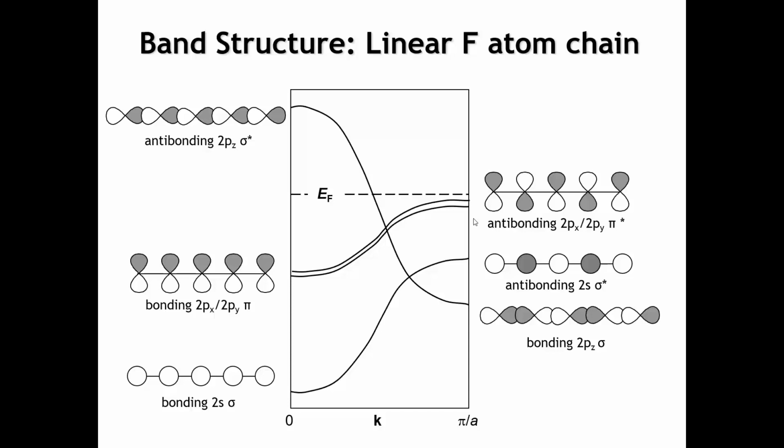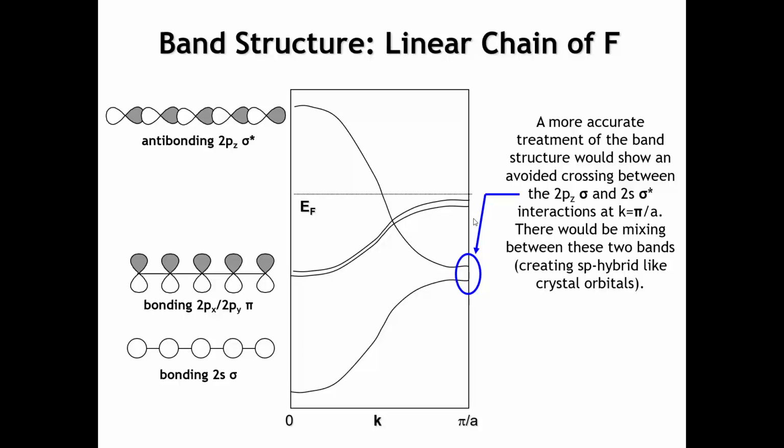Now there's one subtlety that I've kind of glossed over here. If you were to do the calculation a little bit more rigorously, what you would find is that there can be mixing between the sigma 2pz orbitals and the sigma 2s orbitals, and that mixing becomes important as the 2 bands approach each other at pi over a.